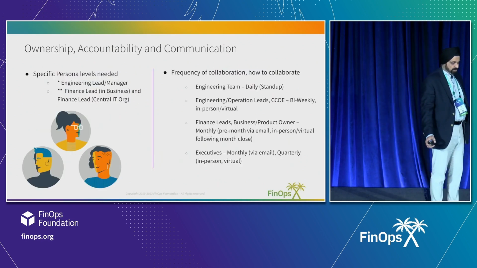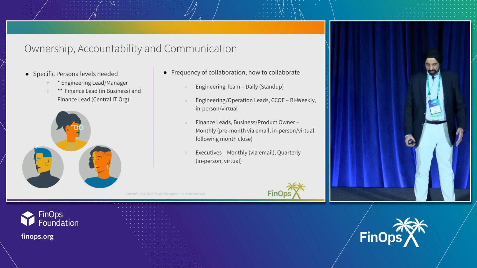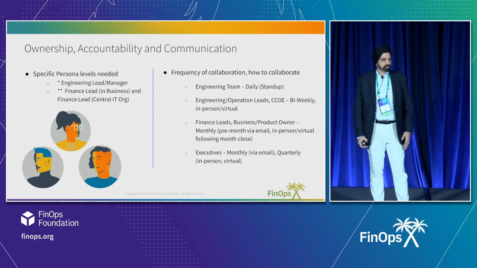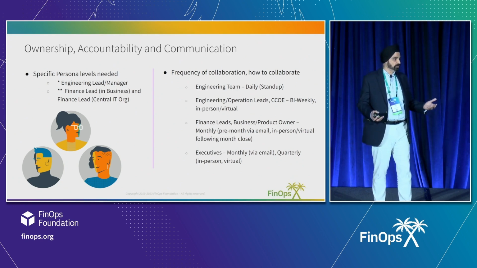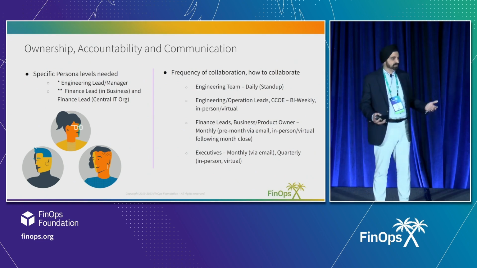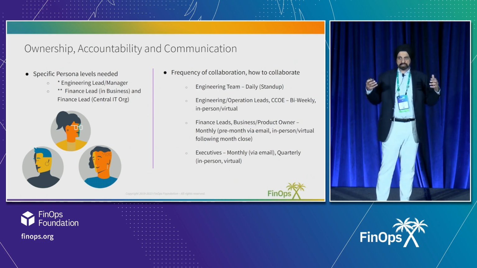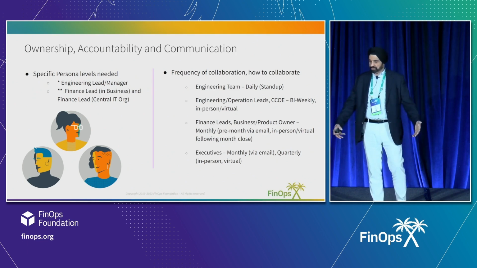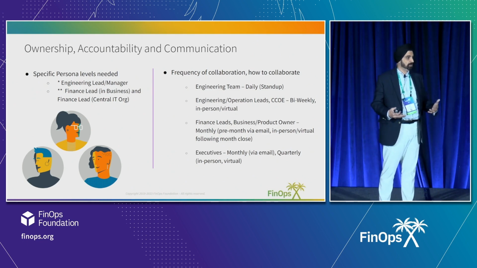The personas that we worked with, right, are three main personas, or actually four I would say here. One is, of course, your engineering leads and managers who develop this on a daily basis. Your finance lead: we had a finance lead in the businesses themselves, plus a centralized CFO-level finance person, so we had to collaborate with both.